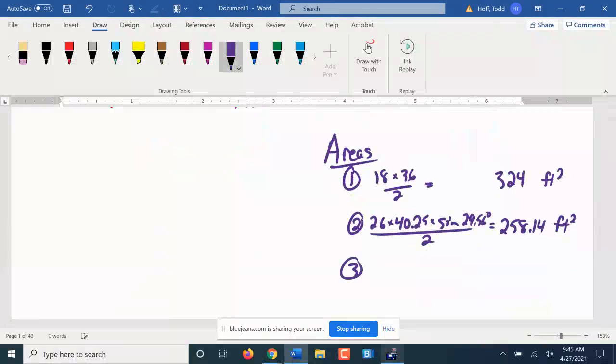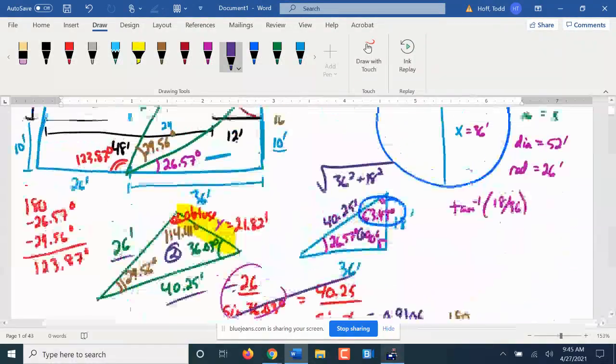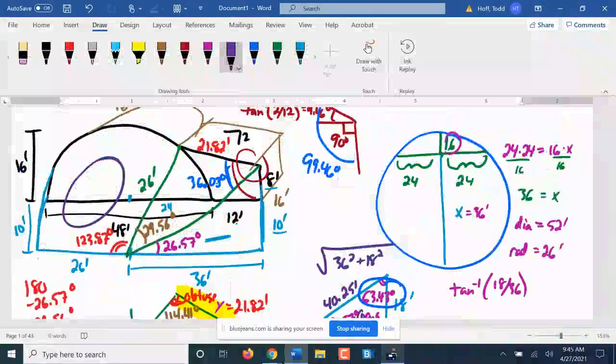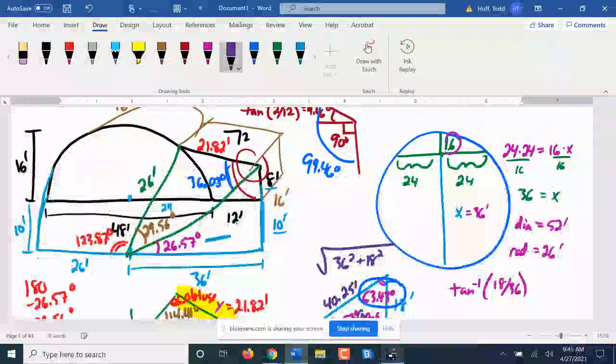And finally, we have this sector of a circle over here. There's a radius of 26 and the central angle there of 123.87.